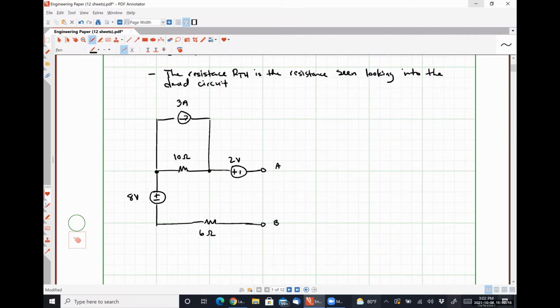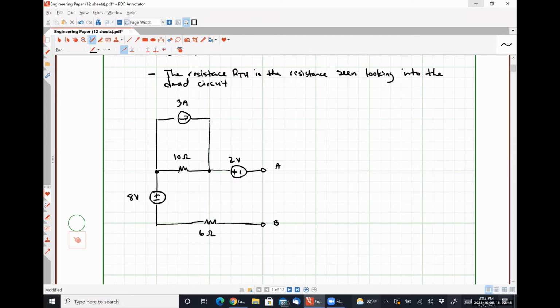So based on the fact that I gave you the definition for both of those quantities, what should we do to find the Thevenin voltage? Thoughts? Benjamin. So the Thevenin voltage is by definition the open circuit voltage, right?